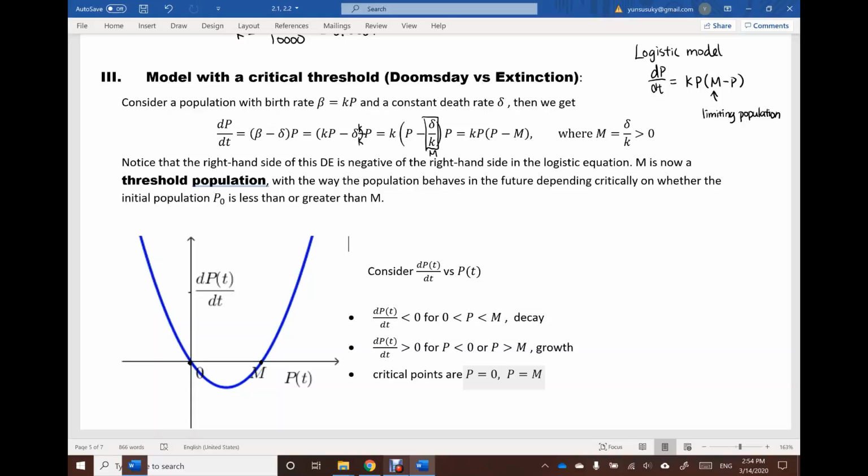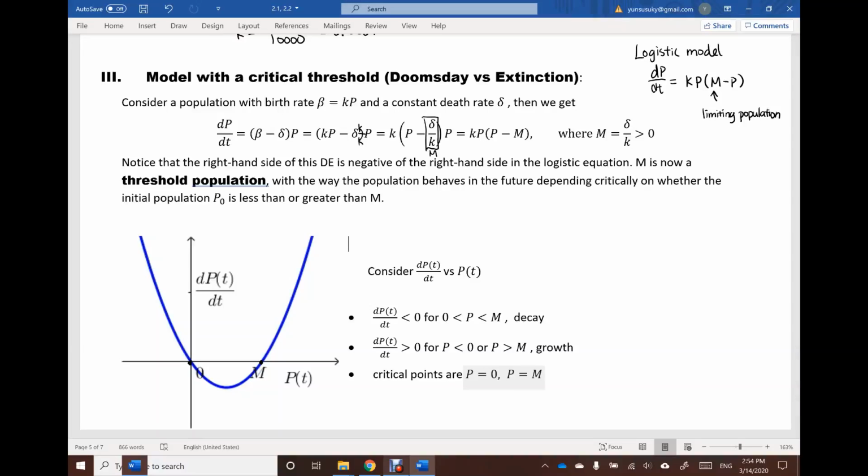Do you still remember the picture of P versus dP/dt for the logistic model is an opening-down parabola? Here we still have a parabola, but because the leading coefficient k is positive, we get an opening-up parabola where the P-intercepts are still the same, 0 and M. For P between 0 and M, the rate is negative, so we have population decay.